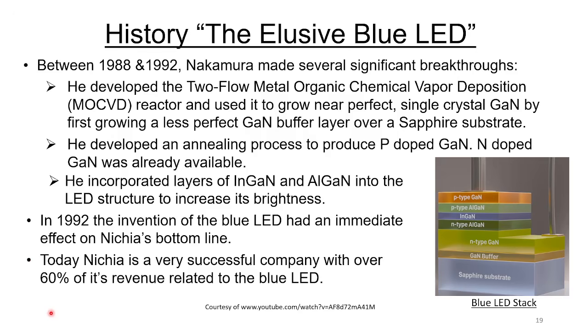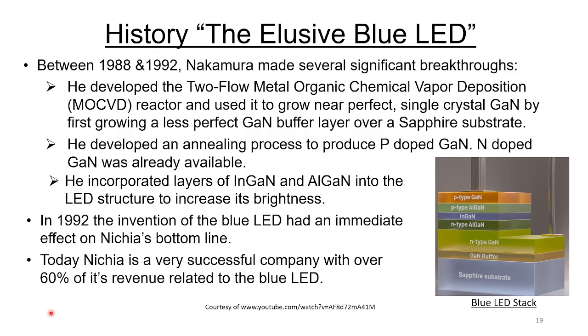Between 1988 and 1992, Nakamura made several significant breakthroughs. First, he developed a two-flow metal organic chemical vapor deposition reactor and used it to grow near-perfect single crystal gallium nitride by first growing a less perfect gallium nitride buffer layer over a sapphire substrate.